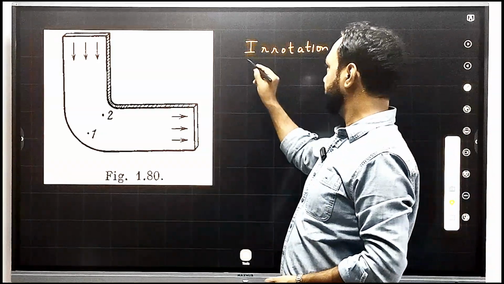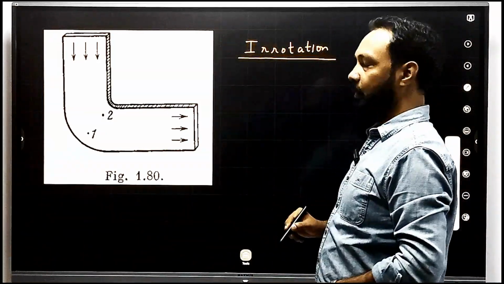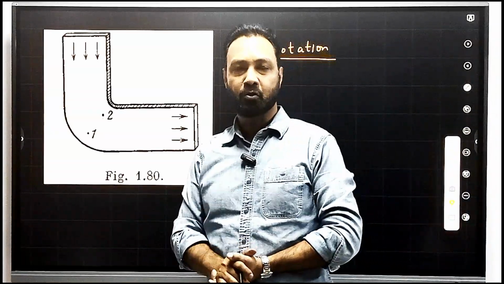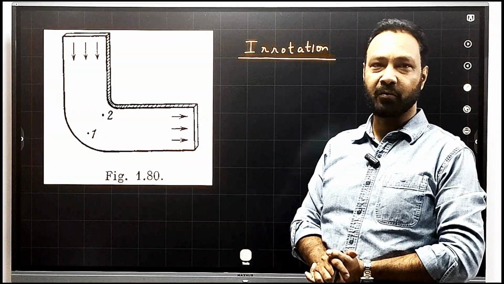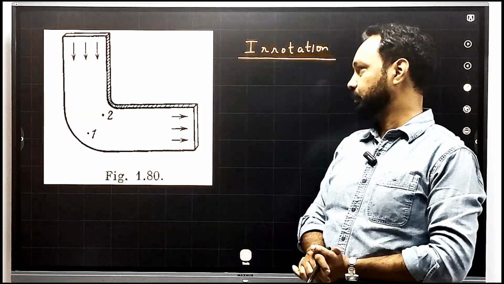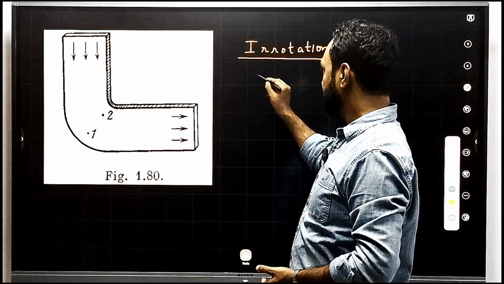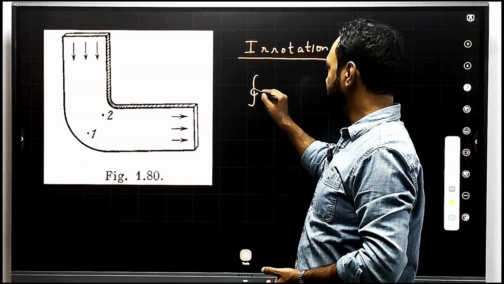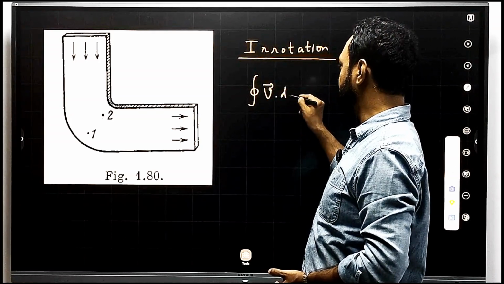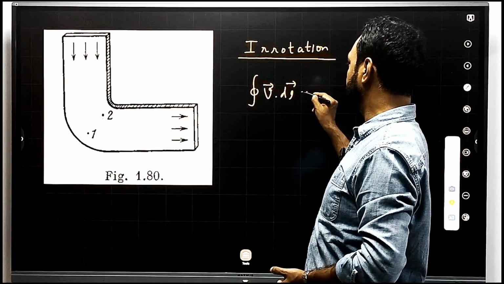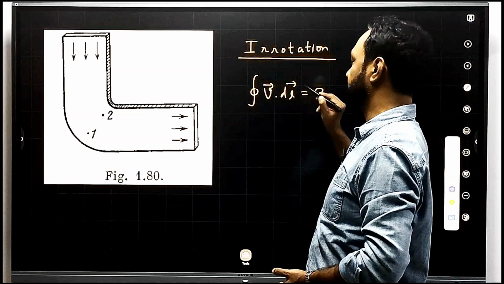So if it is irrotational, then along any closed path, the line integral of velocity is 0. So that is the condition of being irrotational. So v dot dl is 0 along a closed path.